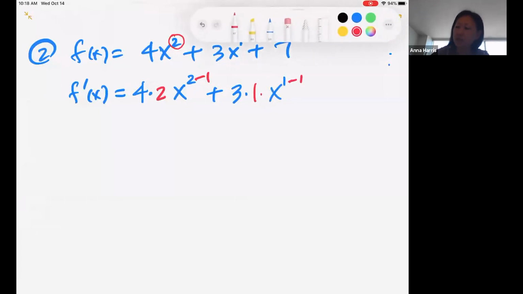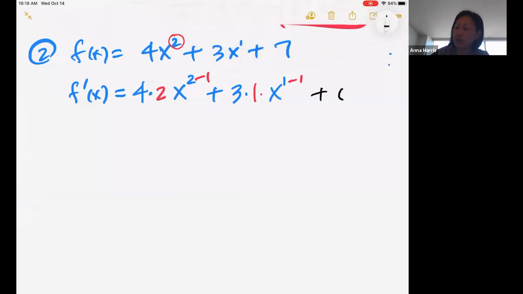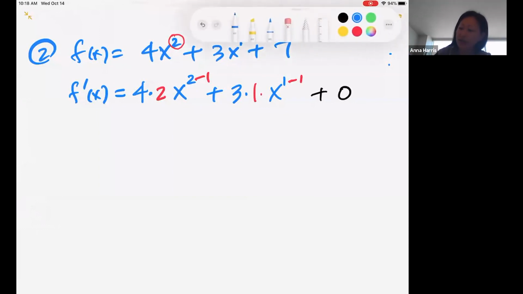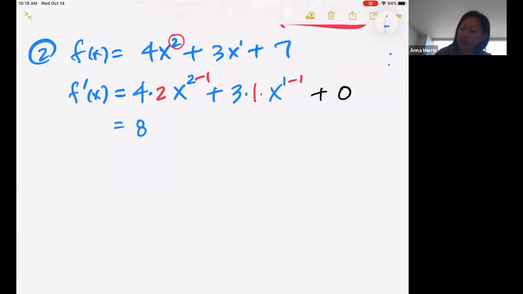Of course, the last one is just a 0, right? Okay, so that's my derivative. So if I simplify this, that means I have 8x plus 3. That's what I have.